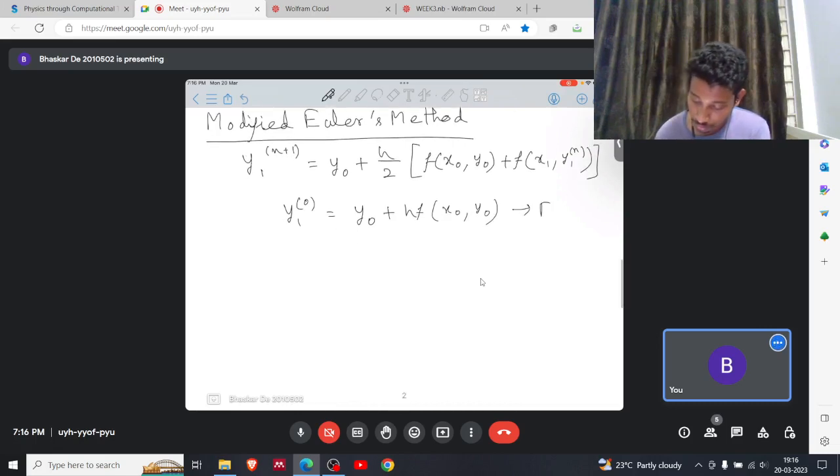So this one is the basic Euler method, but this is the modified one. Now we can see an example.